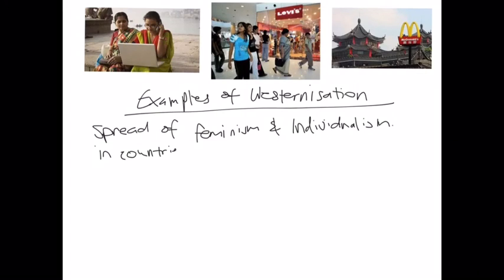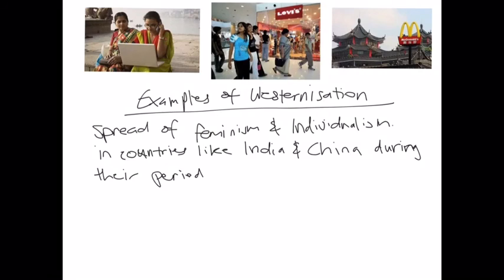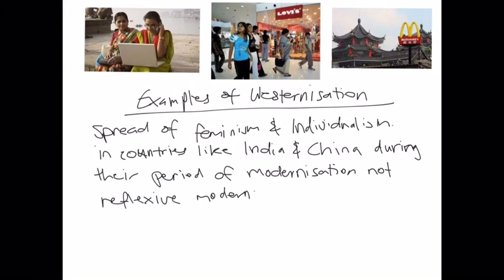This is because countries like India and China, and when we get into more depth, you'll see Afghanistan as well, are currently during their period of modernisation, not reflexive modernisation. And as such, feminism and individualism could arguably be seen as features that come about in modern societies once they start to reflect.